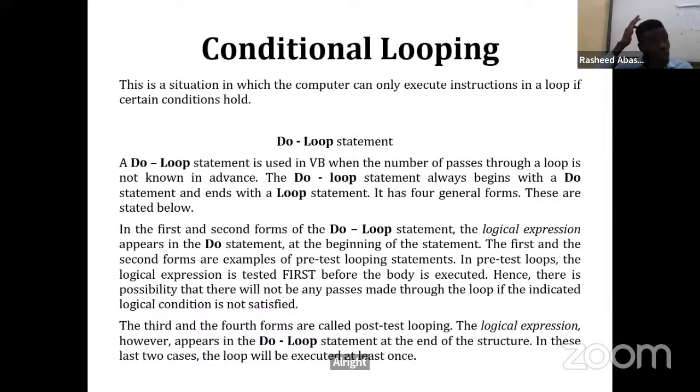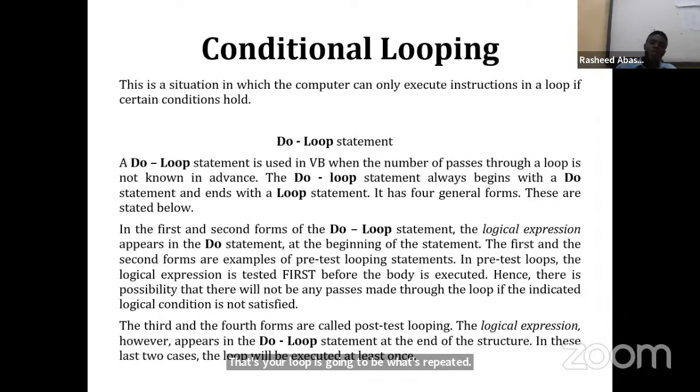So for conditional looping, in this case, this is a situation in which the computer can only execute instructions in a loop if certain conditions hold. Here, you don't need to specify the number of times that your loop is going to be repeated.